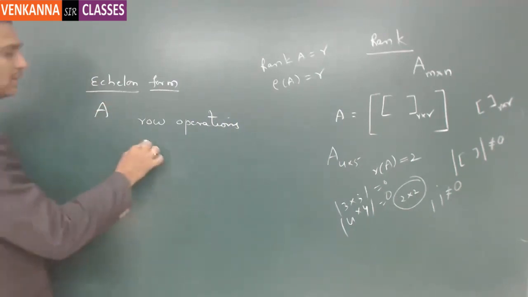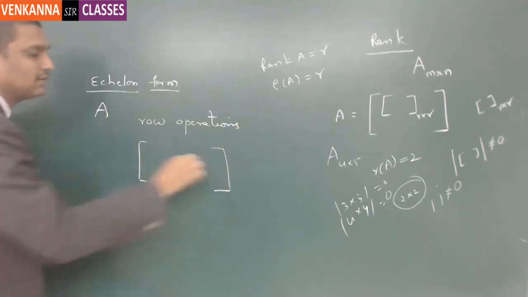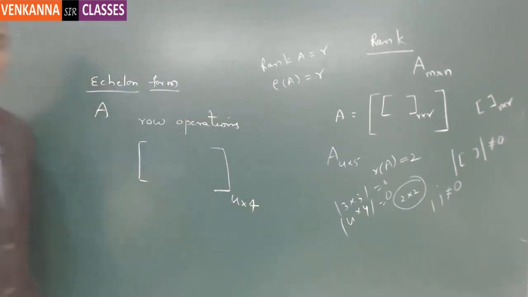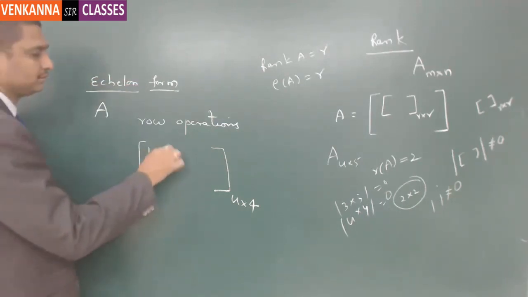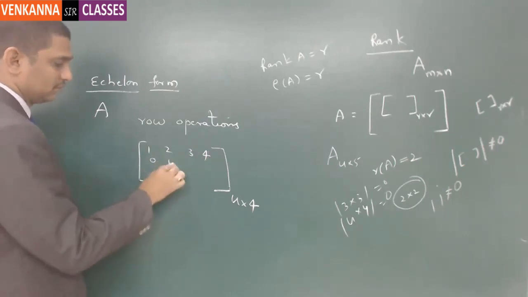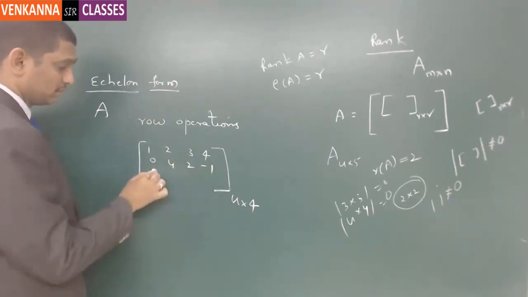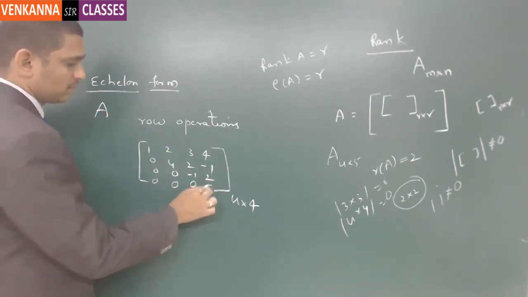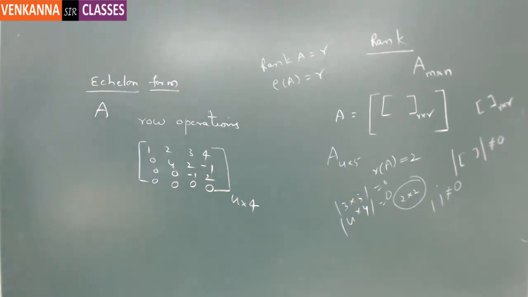For example, suppose I have taken a 4 by 4 matrix. After applying the row operations, it appeared in the form like this.